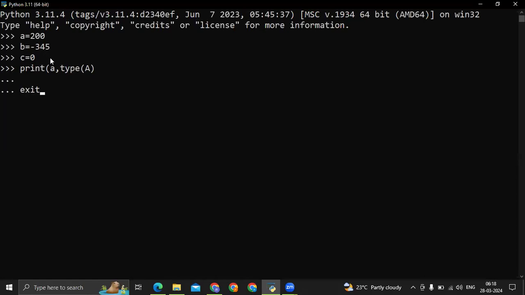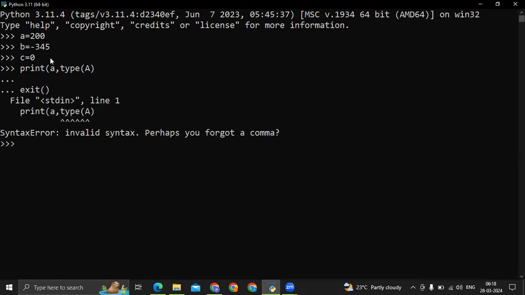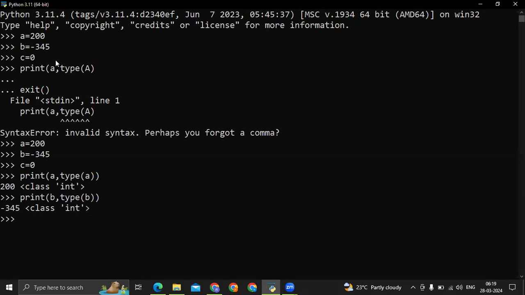B is equal to, C is equal to, now print A, type of A, class int. Now print B, comma, type of B. Got it?